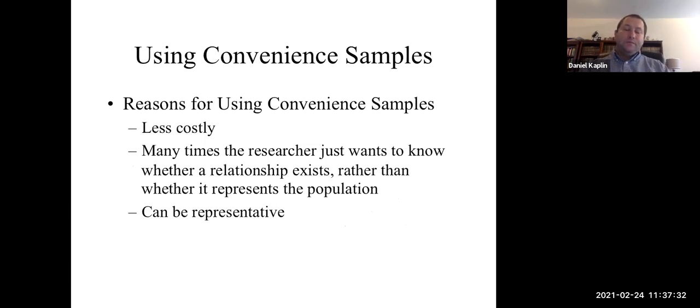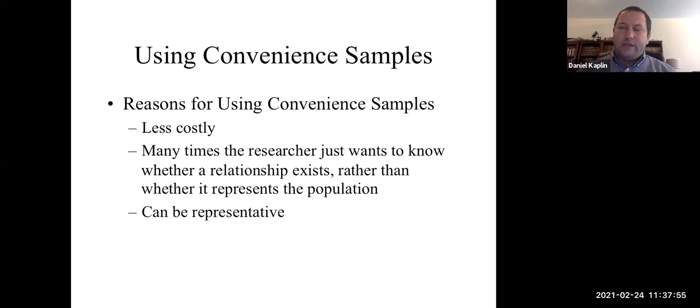Now, if convenience sampling has downsides, like it increases bias and potentially can't generalize out to the population, why use convenience sampling? Well, it's cheaper, it's more efficient, it's quicker.